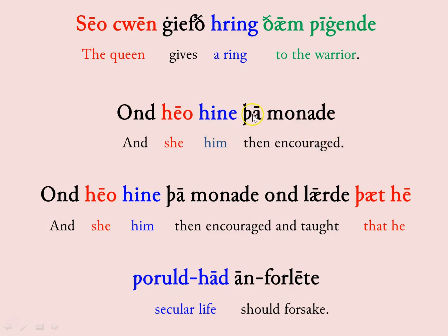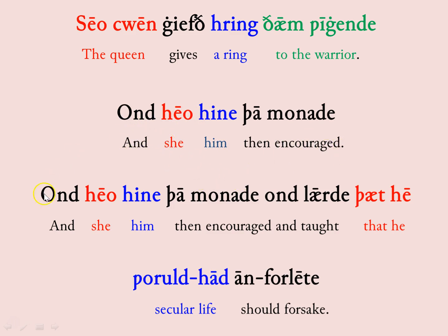Tharmonida, then encouraged. That's a verb, and so what you have is the accusative, which is the direct object, connected with the action of the verb, which is encouraged. So it's he, him that's encouraged. And who did it? Heo, the subject. And she, him, then encouraged, or she encouraged him.